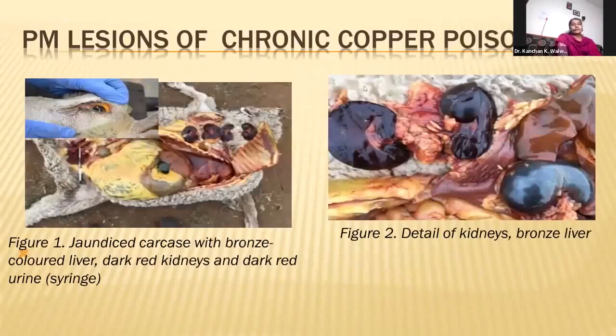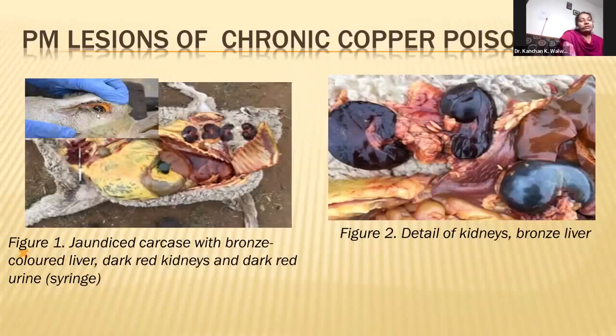This is a post-mortem picture of a chronic copper poisoning case in sheep. In the left top picture, you can appreciate the increased icteric membrane, a dark yellow discoloration of the conjunctival mucous membrane.